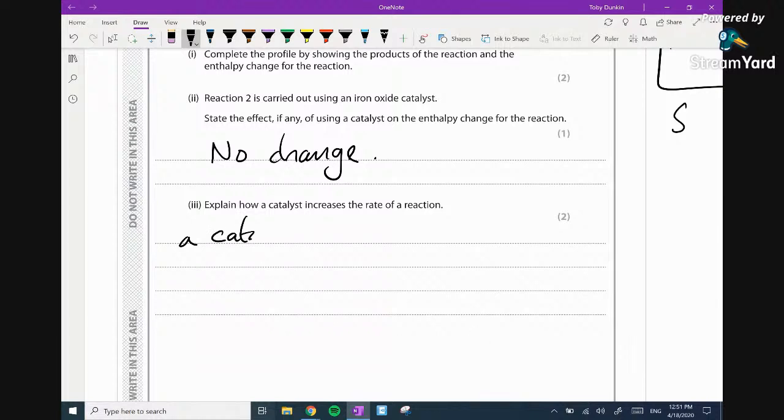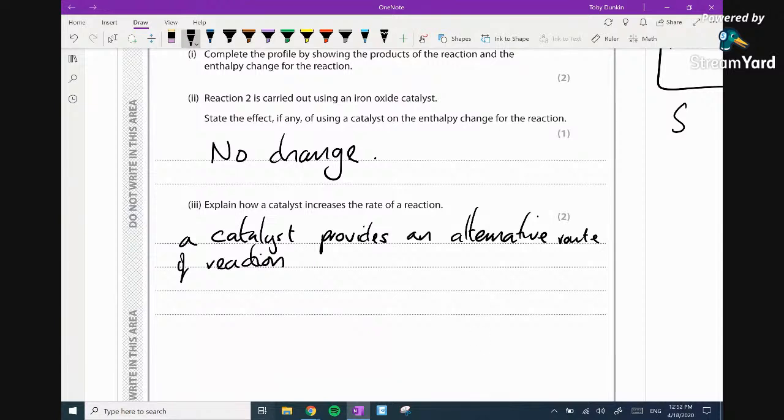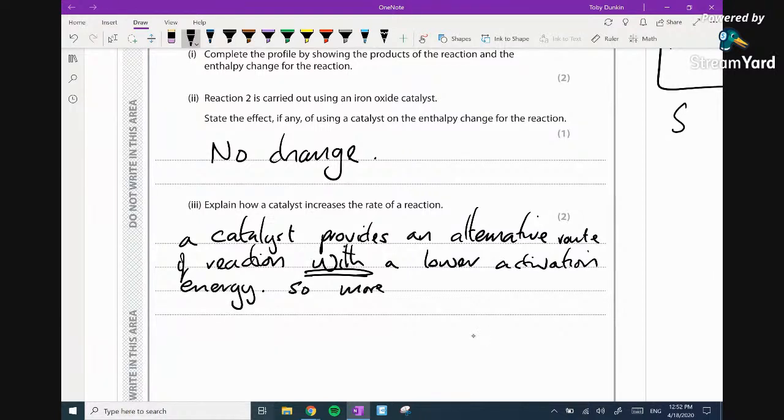A catalyst provides an alternative route of reaction with a lower activation energy. So more particles now have activation energy. I'm just going to leave it at that for now.